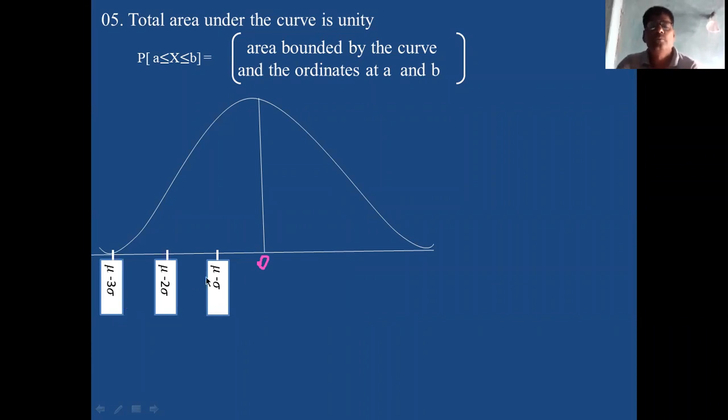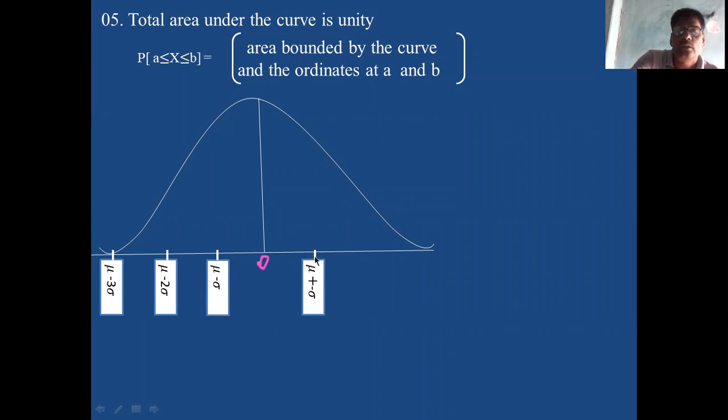First part has the value of mean minus standard deviation, second part mean minus 2 standard deviation, third mean minus 3 standard deviation. Okay. In the same way, right hand side also. First is mean plus standard deviation, from 0 to the first part.